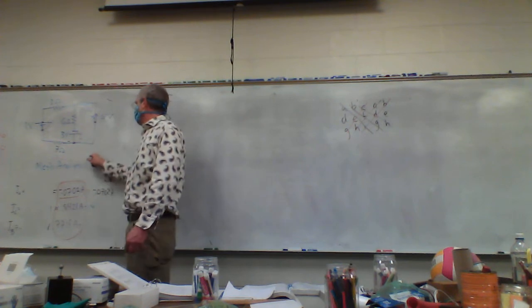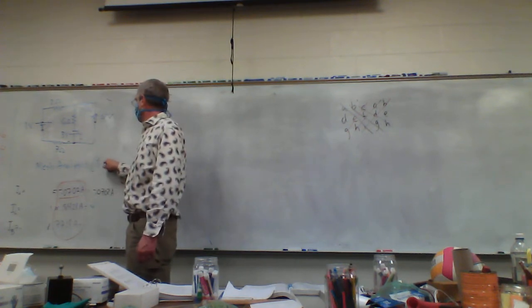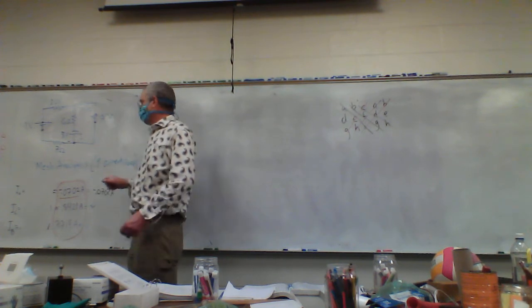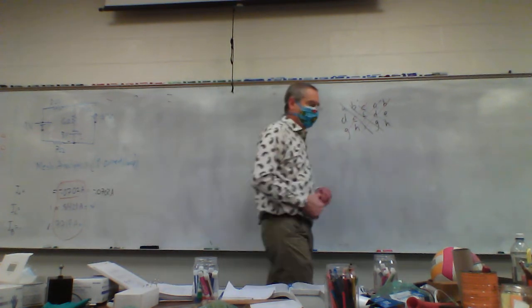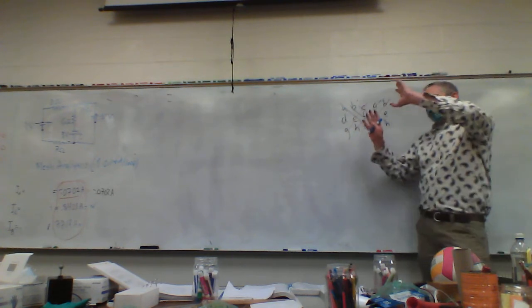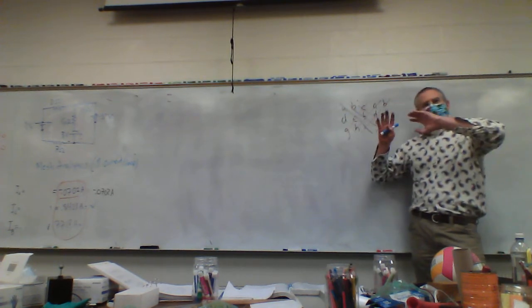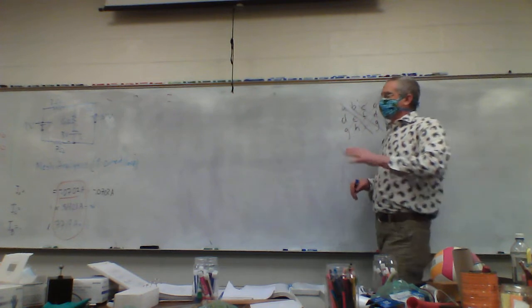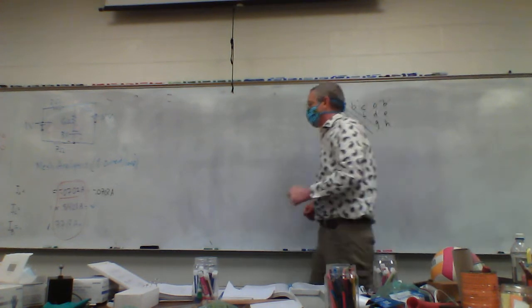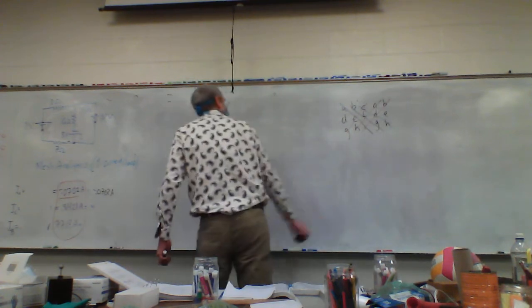Mesh analysis, or one current per loop. And granted, there are 3 loops there, but we're going to pick currents for 2 of them. I personally prefer left and right as opposed to left and whole or right and whole, but that can be done also.